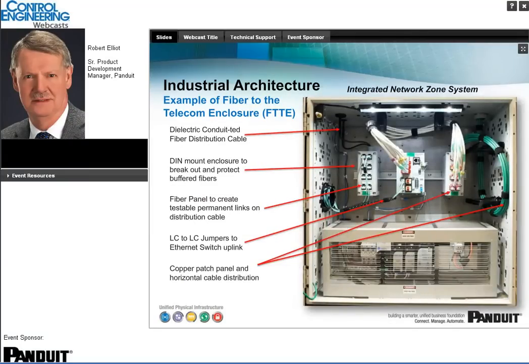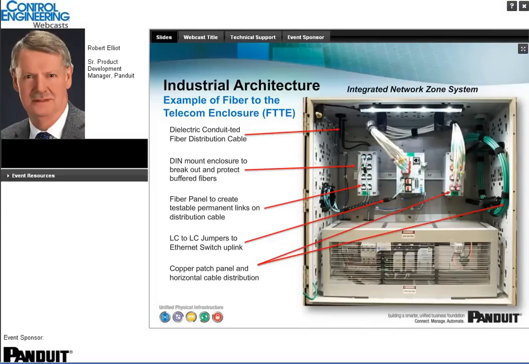Here's an example of that zone enclosure that we talked about. And this is an integrated network zone enclosure, and it's actually provided with some of this equipment already in there to allow you to effectively take, for example, fiber cabling that comes into the top left of that enclosure.